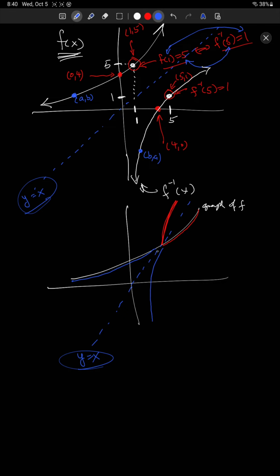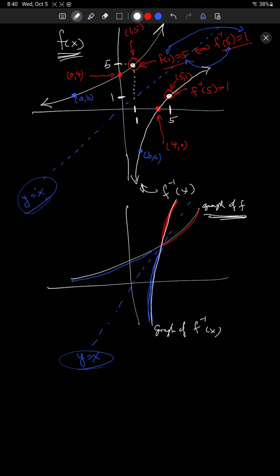Okay, again, like a mirror to the other side. All right, so in the end, the graph of f inverse looks like that. Okay, so the flipping can be a little messy if your original function crosses this diagonal.